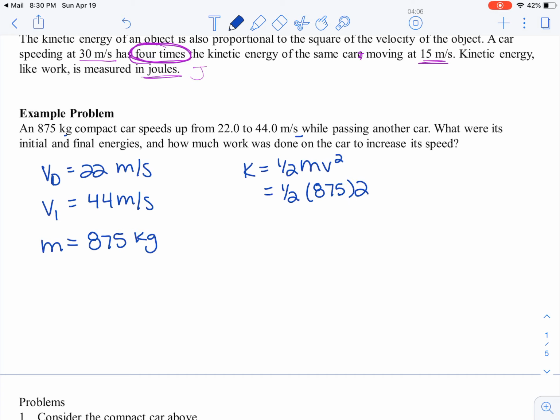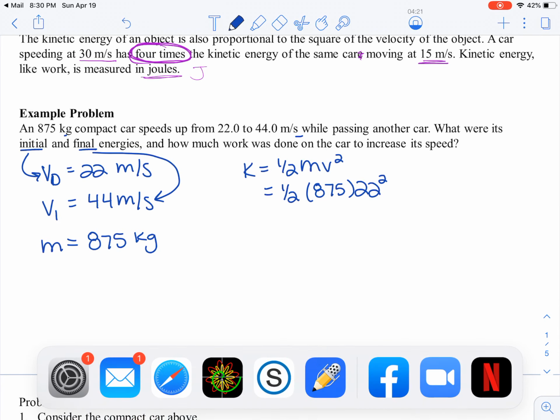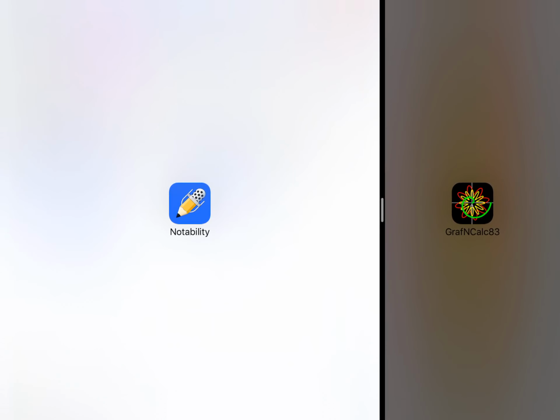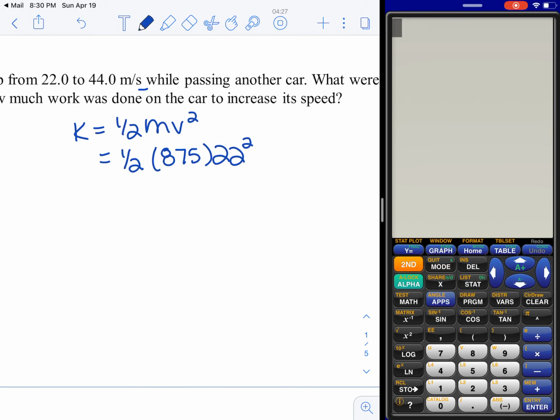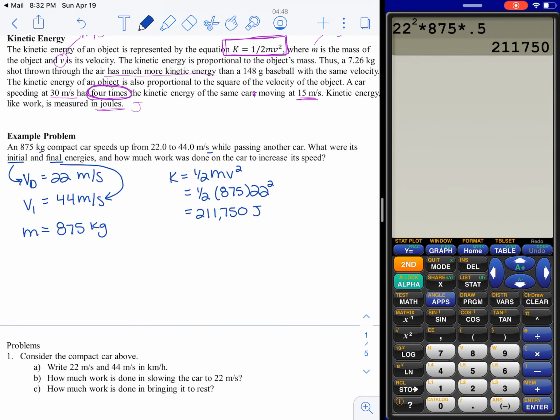We're going to do this since we want the initial and the final. So initial will be when it's going 22 meters per second, and the final velocity, or the final energy, is for when it's going 44 meters per second. So we plug these numbers into our calculator. And our initial kinetic energy, 211,750.